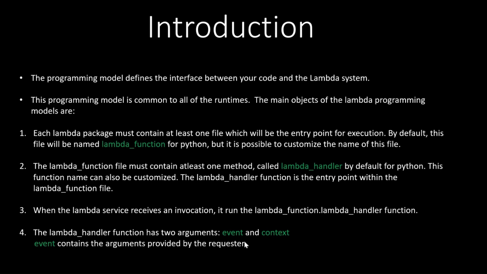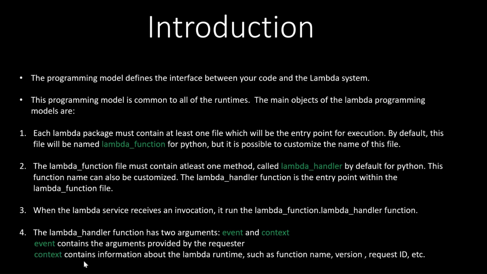Event contains the arguments provided by the requester of the Lambda function, and context contains information about the Lambda runtime such as function name, version, request ID, etc. I'll show you all these things in a practical demo later on in this video.